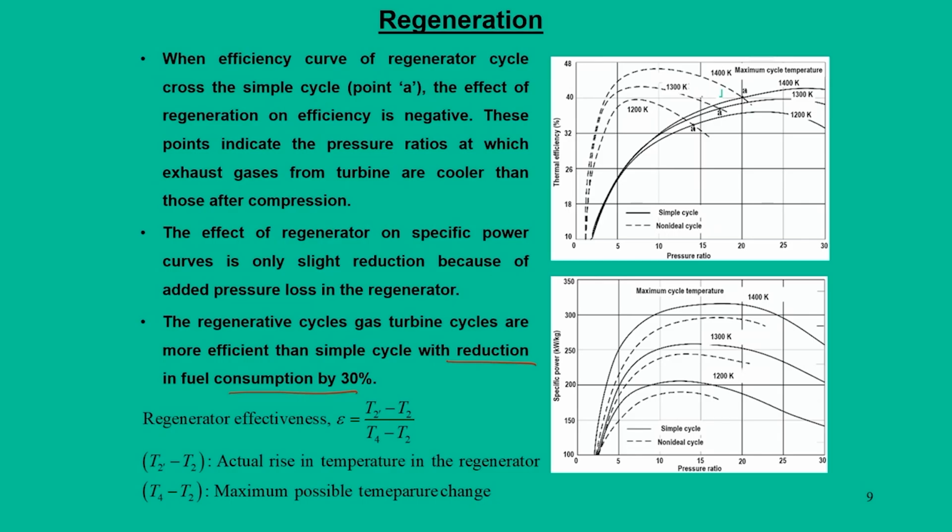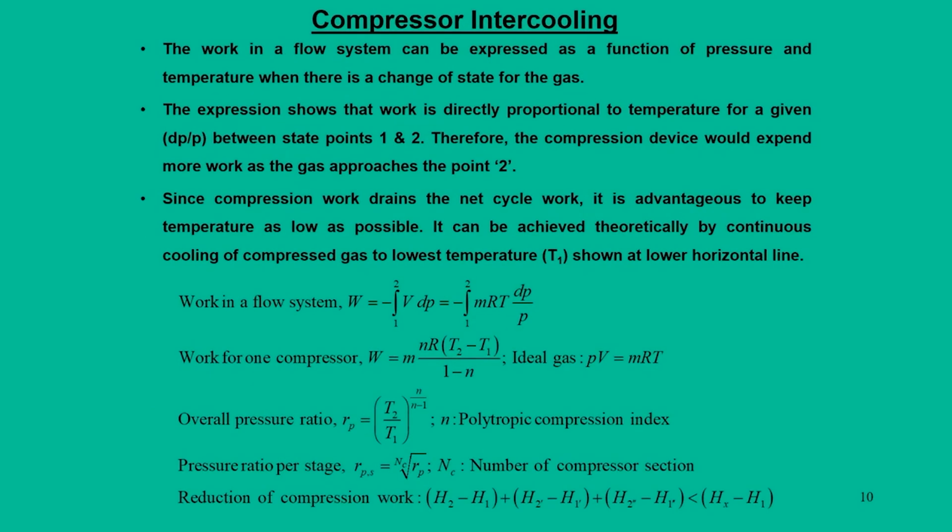The second achievement is that we can go for reduction in the fuel consumption. These 2 points are very vital, and that is why we go for non-ideal cycles that can operate in regeneration mode.